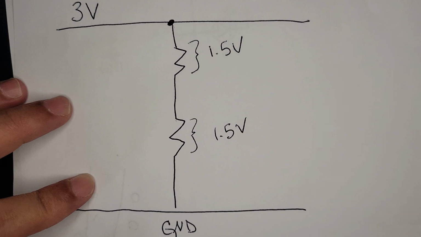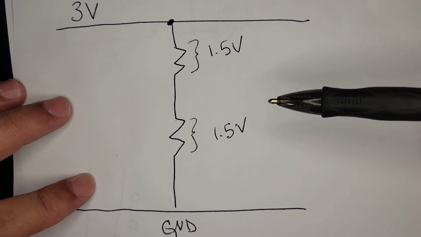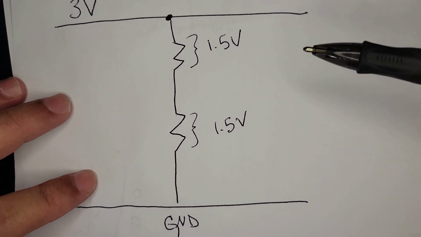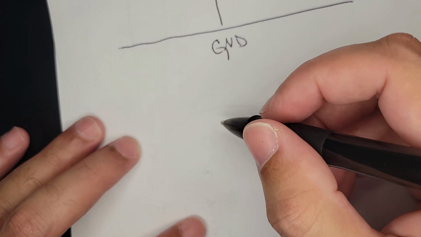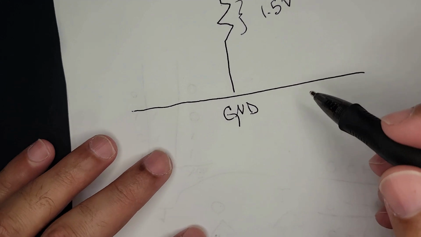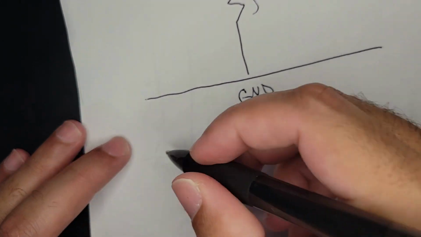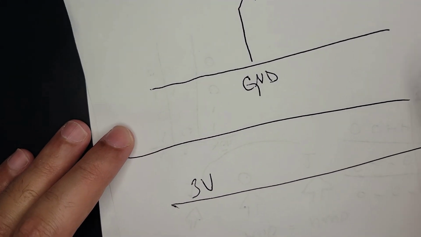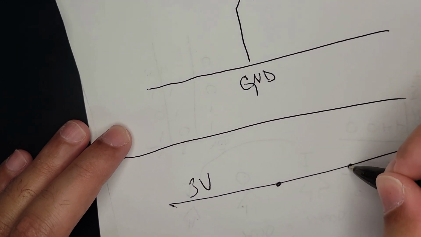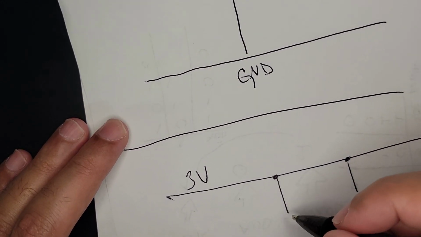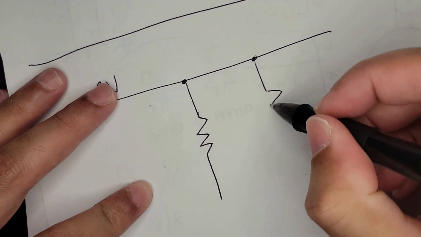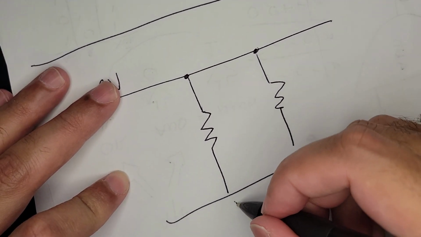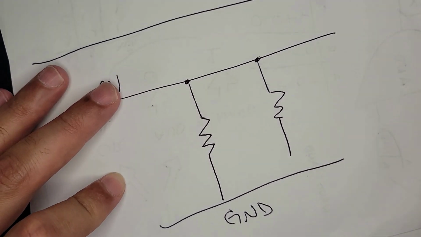Now, I'm completely forgetting to think about the inverse of this concept, which is in parallel. So this is series. In parallel, let's say we have another 3V circuit, and we have two connections, both going to resistors and then to ground.